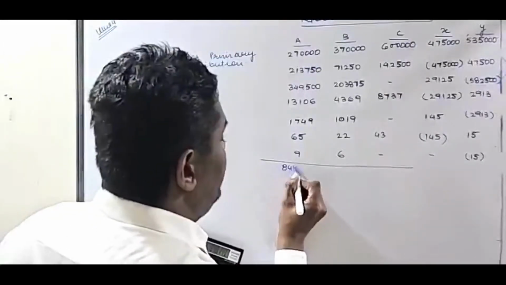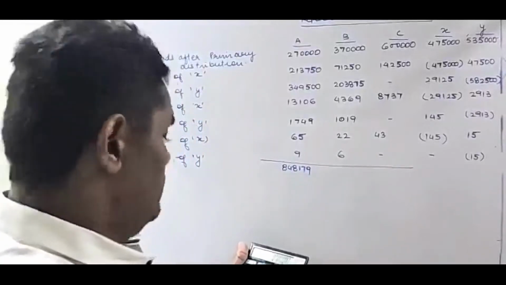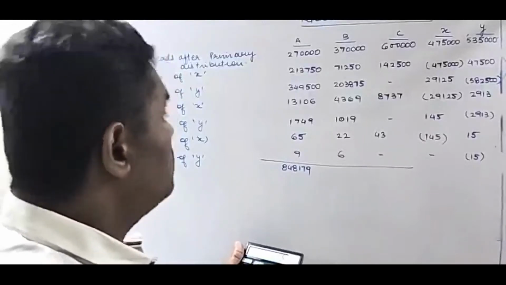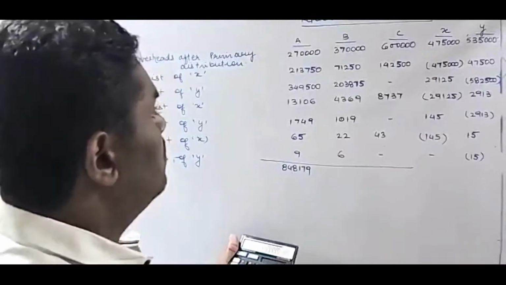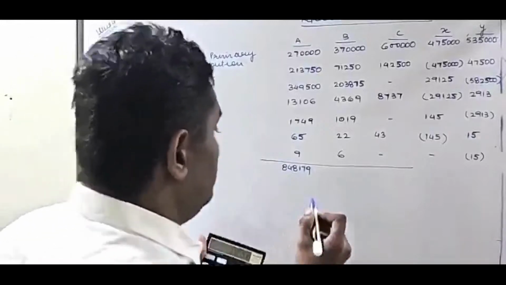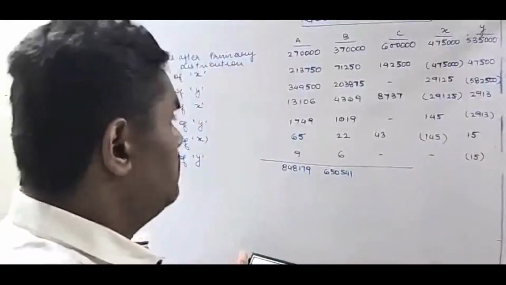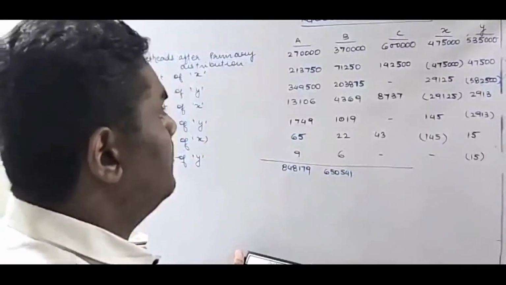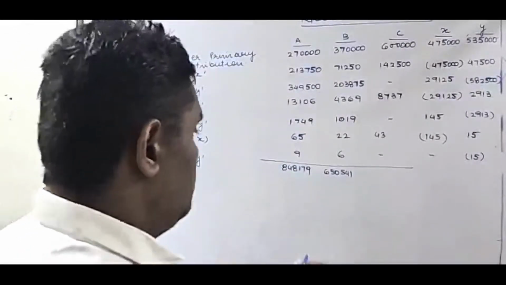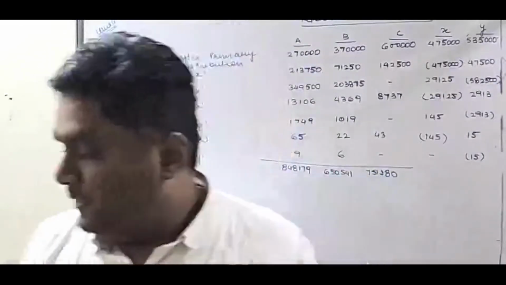So this will be 848,179. 650,541. So this is the repetitive distribution method.